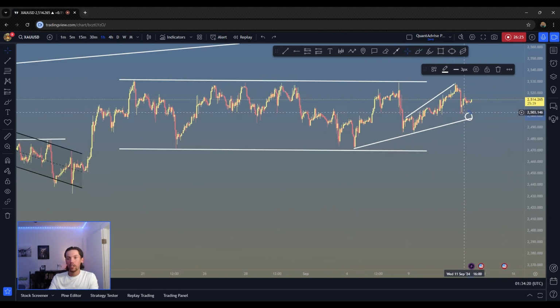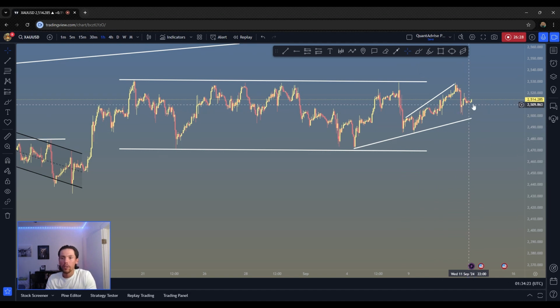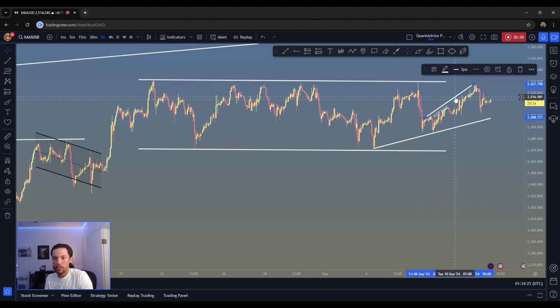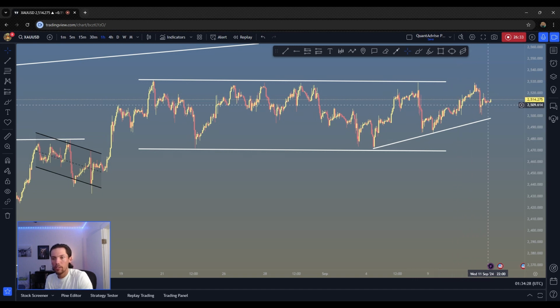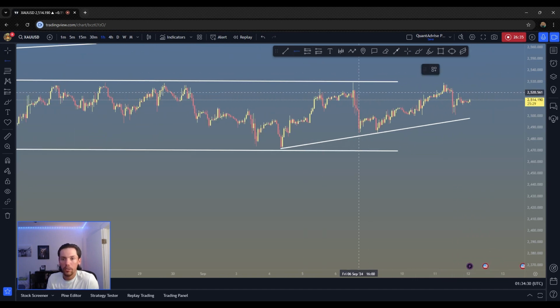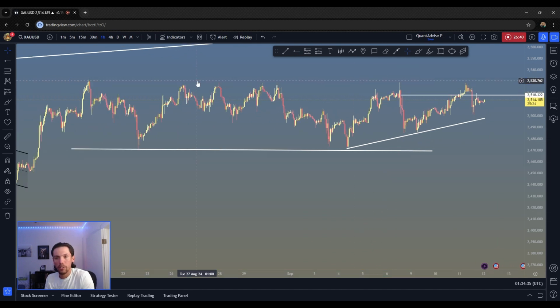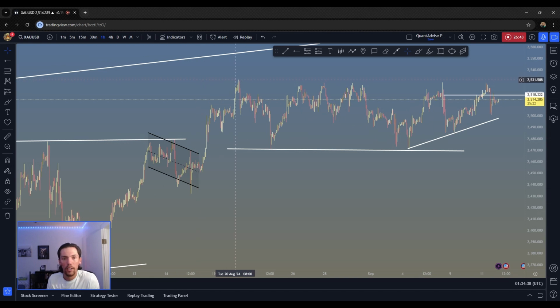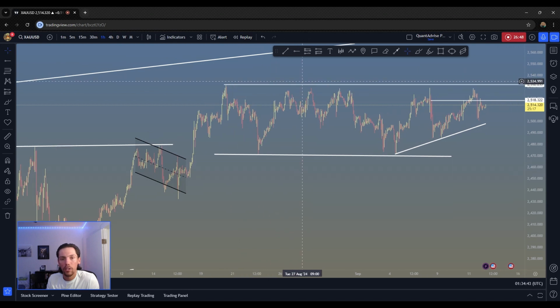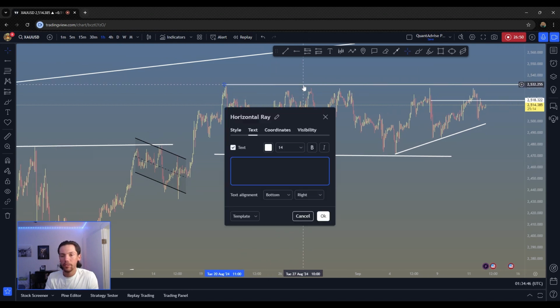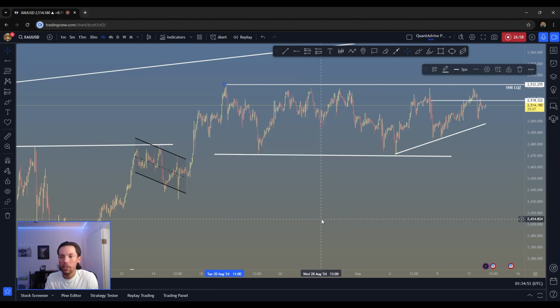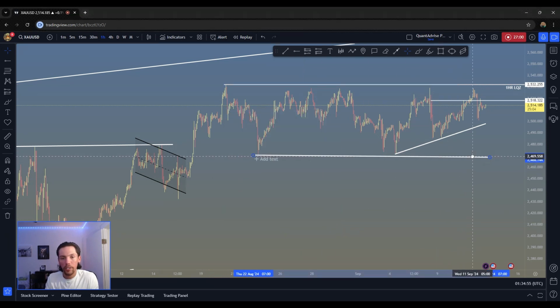Let's delete this off right here. And let's take this off because this little area is more important. And I'm going to delete that off for just a second. And I'm going to draw on my liquidity zones. 1 hour liquidity zone. I'm looking down here at this bottom.